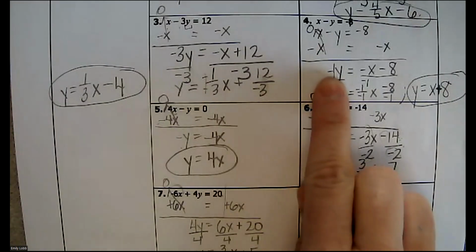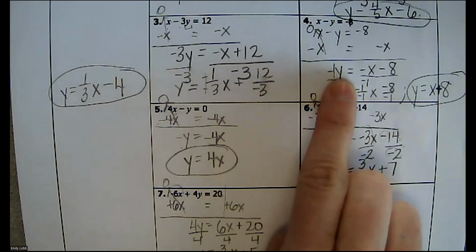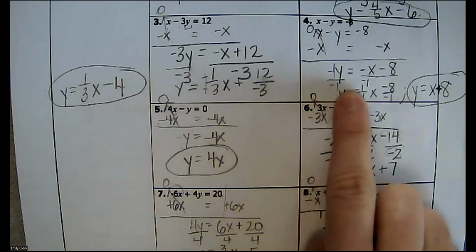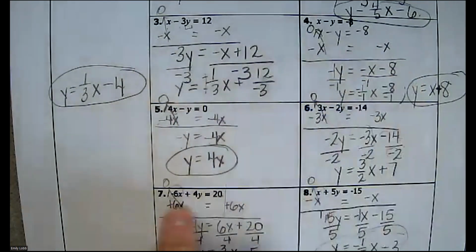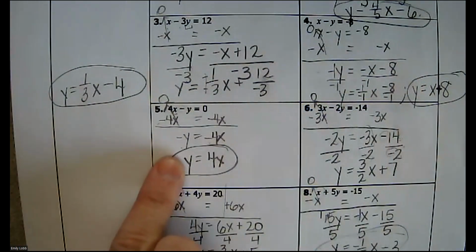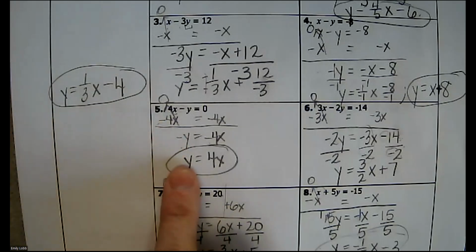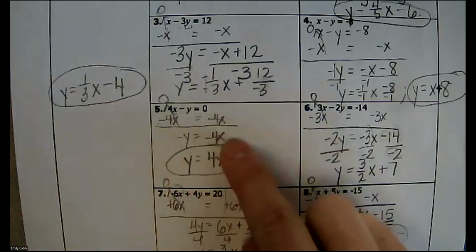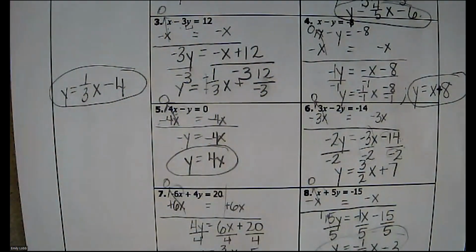We could think about it as the opposite of y, or we could think about it as negative y. And you could either multiply through by a -1, divide through by a -1, or simply like we did here, we said the opposite of the left side was y. So the opposite of the left side would be equal to the opposite of the right side.